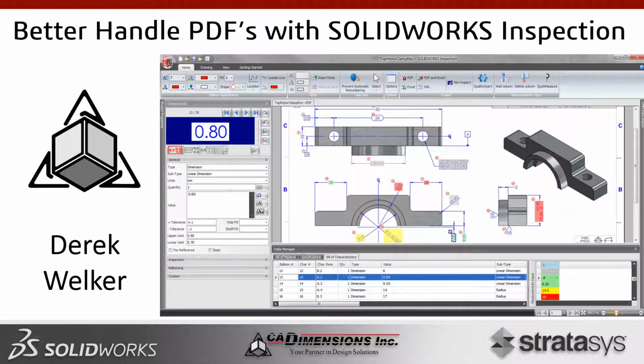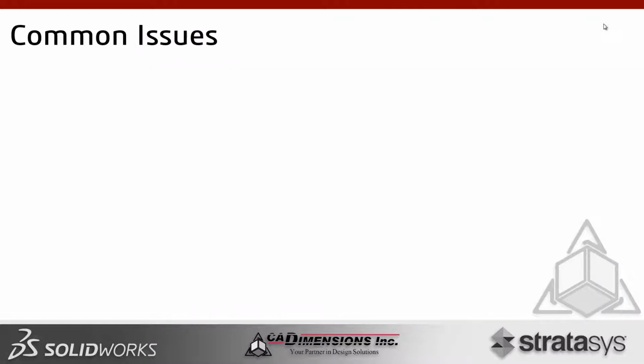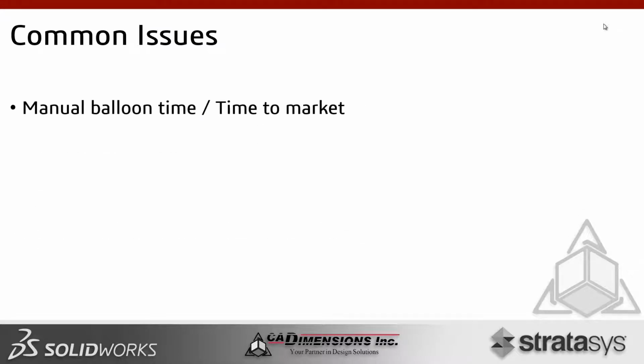But first, let's discuss the common issues that we see when it comes to manually creating these first article inspection reports. I think most of the people creating these reports are doing it manually. In essence, doing it manually just takes a lot of time, so the time to market and the time to actually create the report is longer than it should be.